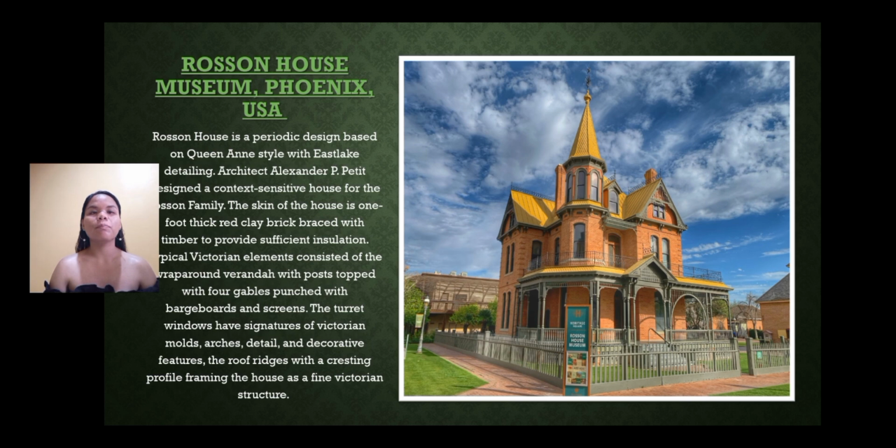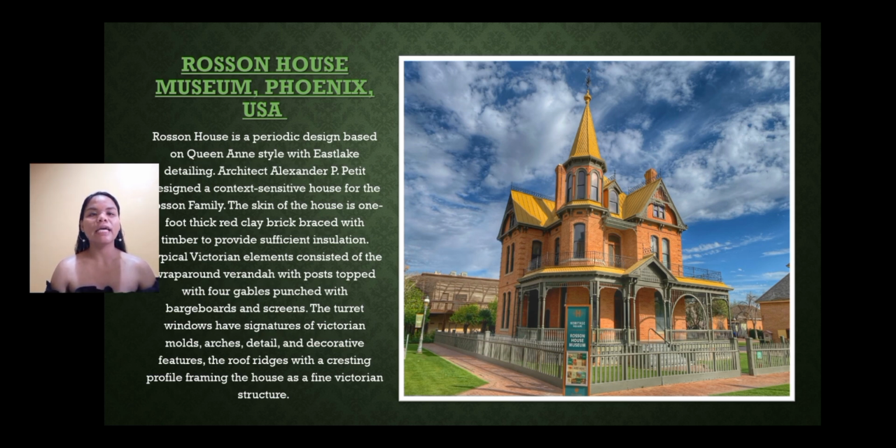Ruston House is a period design based on Queen Anne style with Eastlake detailing. Architect Alexander P. Petit designed a context-sensitive house for the Ruston family. The skin of the house is one foot thick red clay brick braced with timber to provide sufficient insulation.